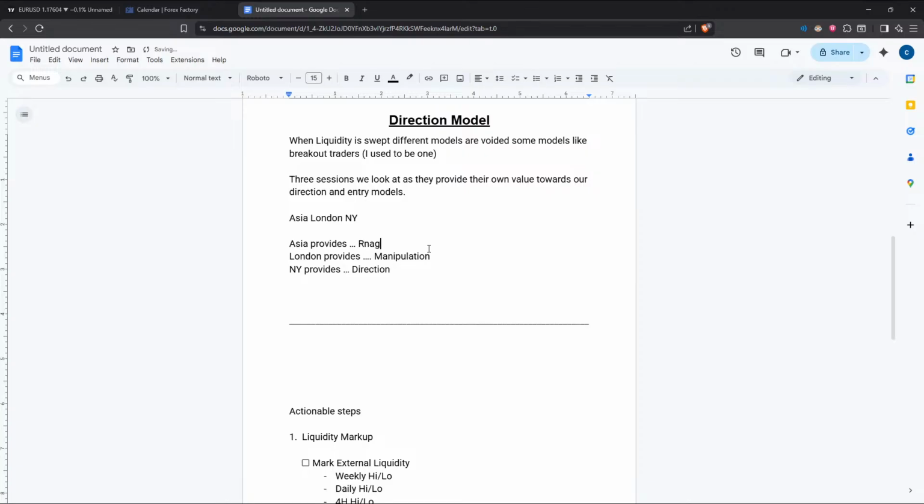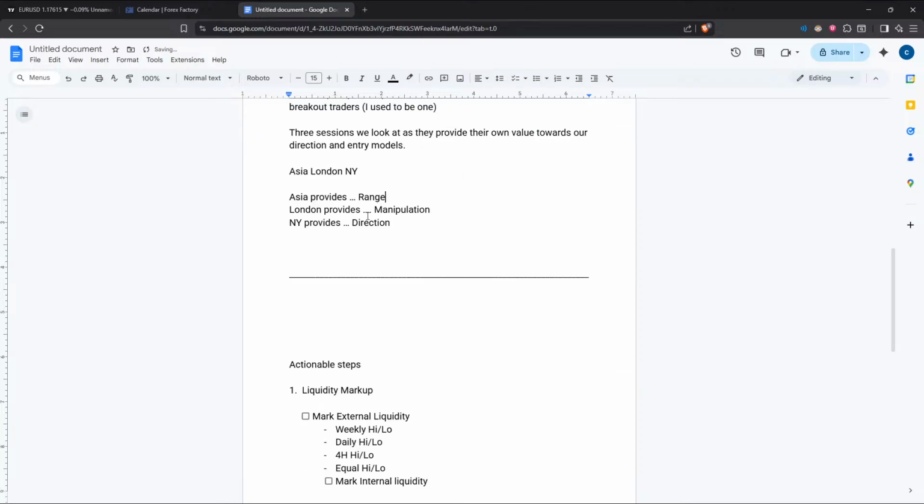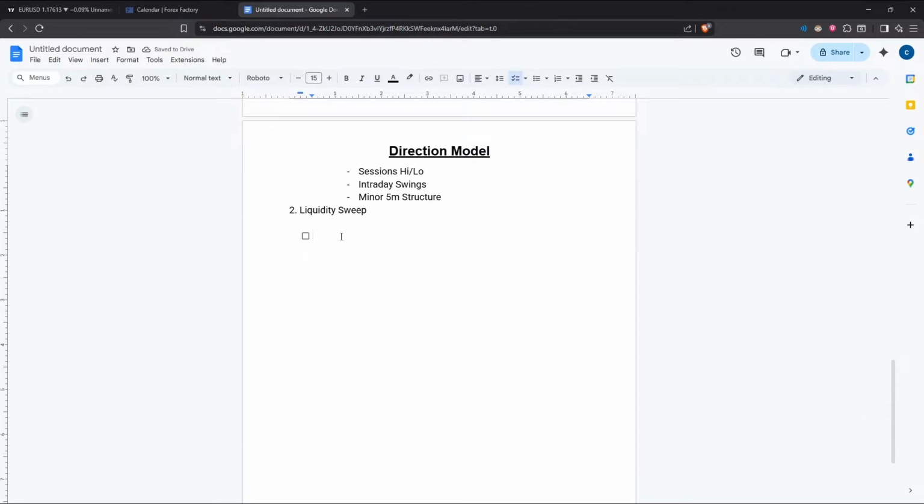I'm going to put just range for now. Range, manipulation, direction for now. London session sweep.